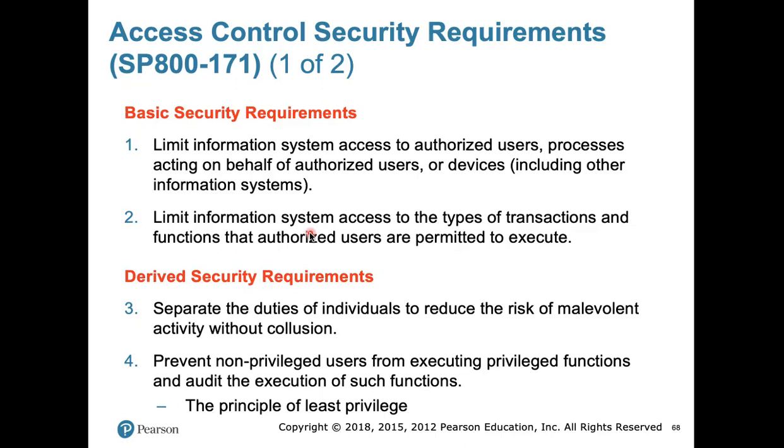The second is to limit information system access to the types of transactions and functions that authorized users are permitted to execute. Again, we don't want to let the user do whatever is possible in our system. We want to limit their capabilities, what they can do, to some specific transactions or properties that later we'll call access rights.